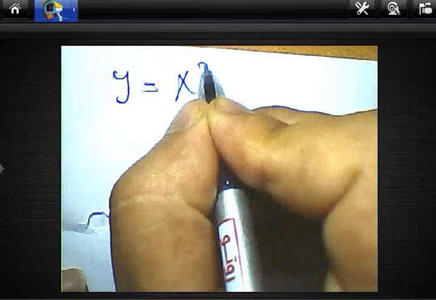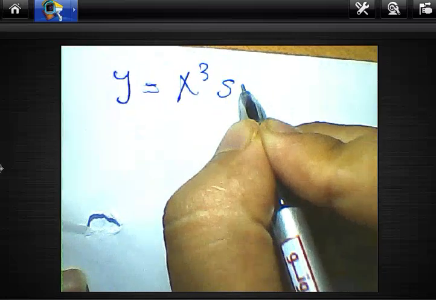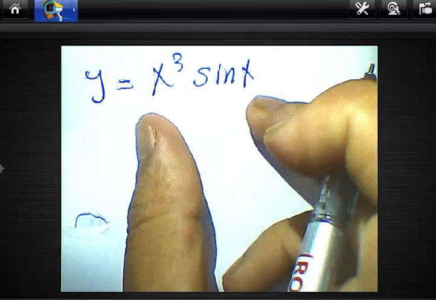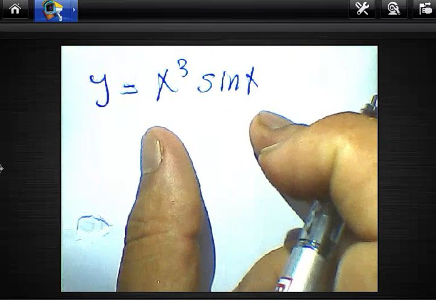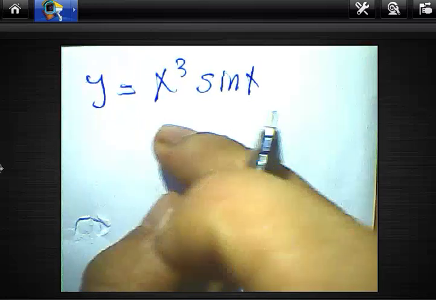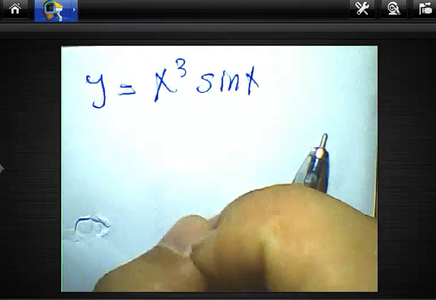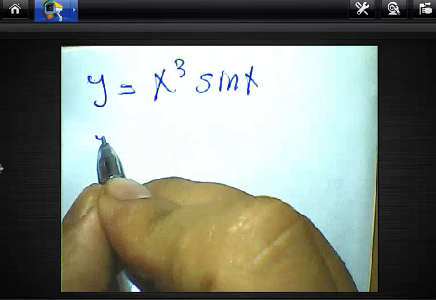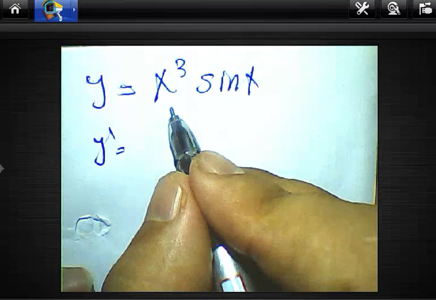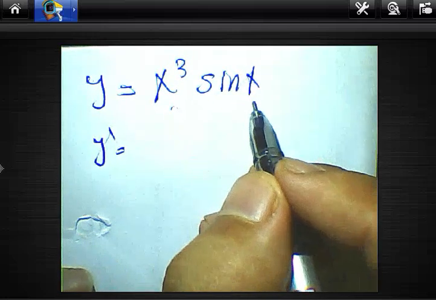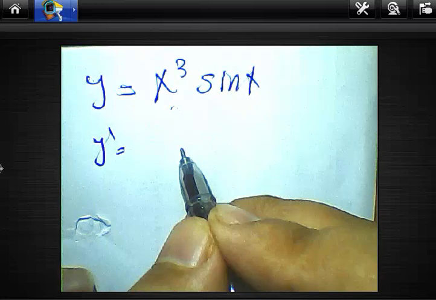Another example, we have y equal x power 3 multiplied by sine x. We have two terms, and we want to find the derivative of this expression. We must know y dash equal the derivative of the first multiply second plus the derivative of the second multiply by the first.